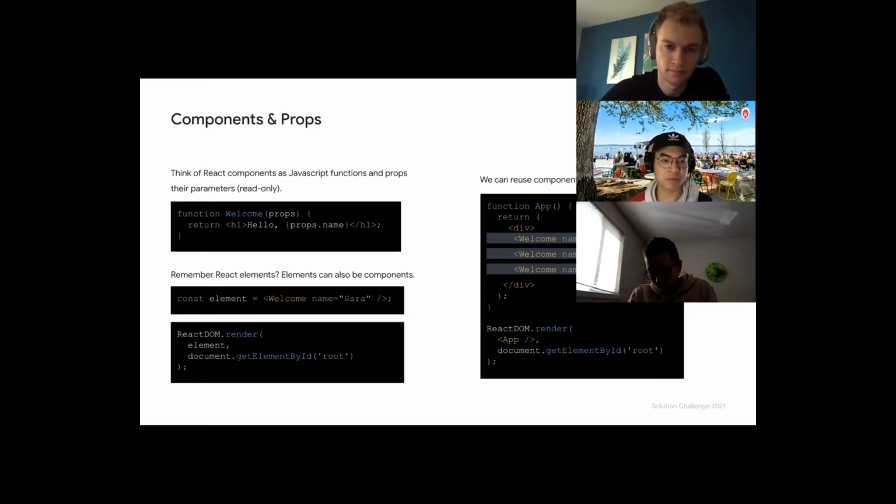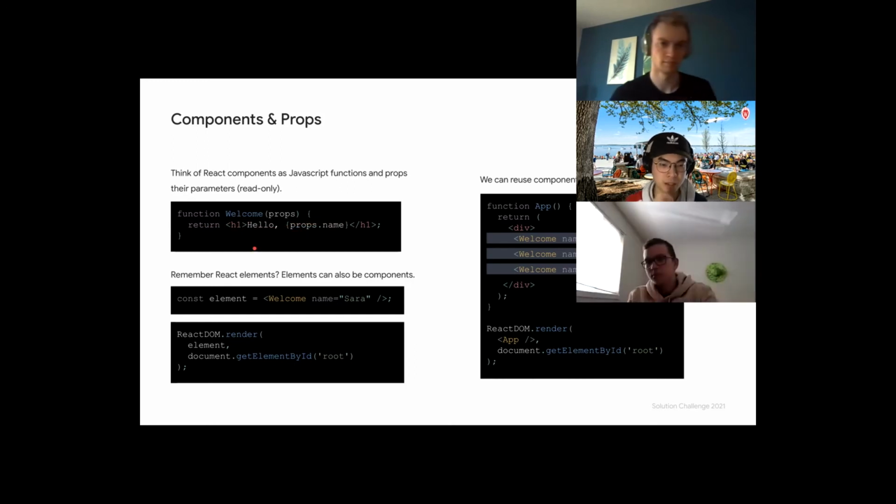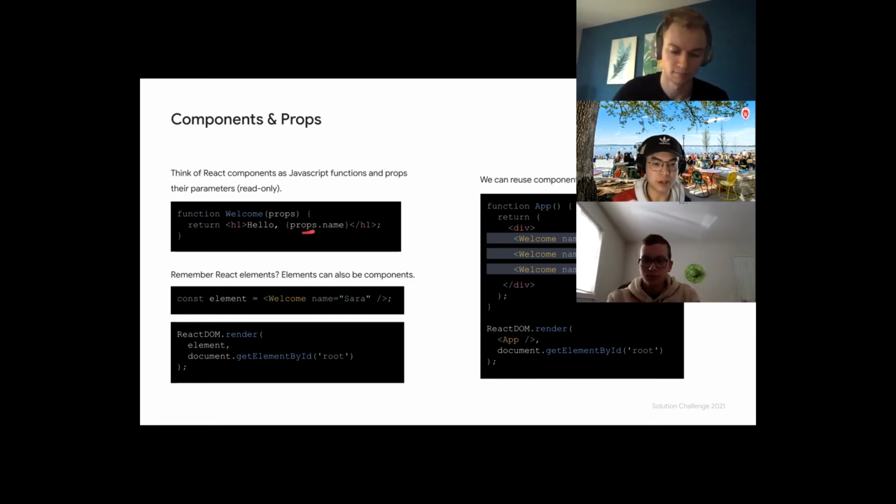So like the example that we have here, we have a function called Welcome with props passed in, and it will return a React element with the props parameter. So if we have, for example, the component Welcome, it works as an HTML tag.